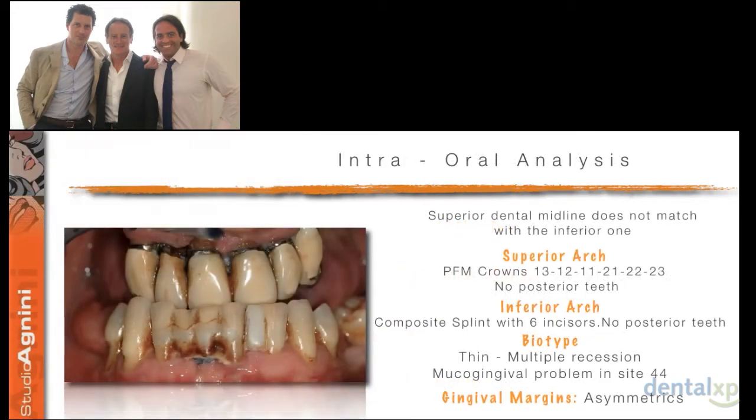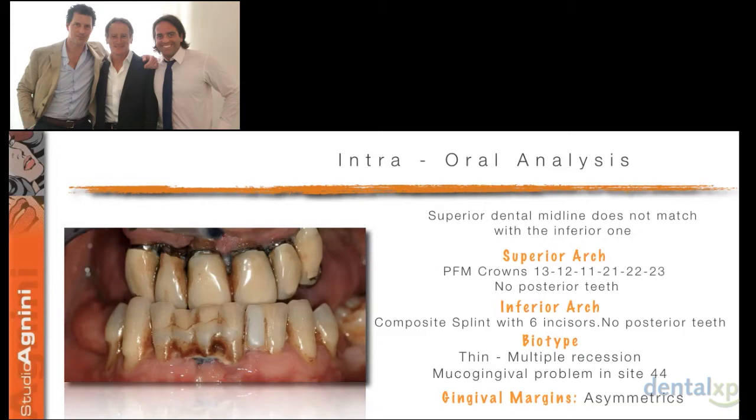Going to a more microaesthetic point of view, we can evaluate the teeth. Exactly, we can evaluate what our patient has inside his mouth. Again, we can see that the superior dental midline does not match with the inferior one. On the superior arch, he has PFM crowns from canine to canine, and he doesn't have posterior teeth.